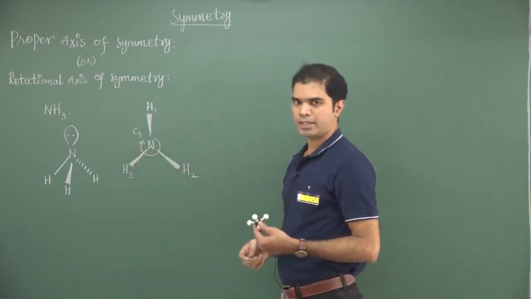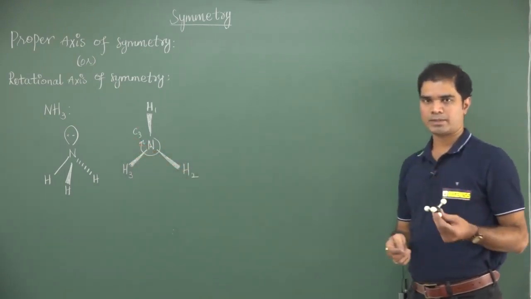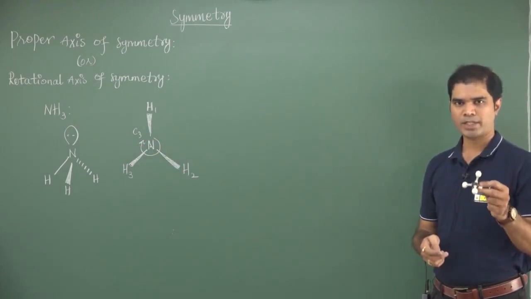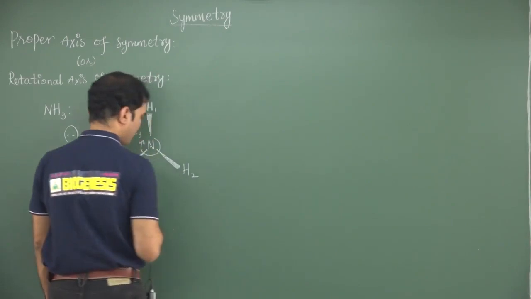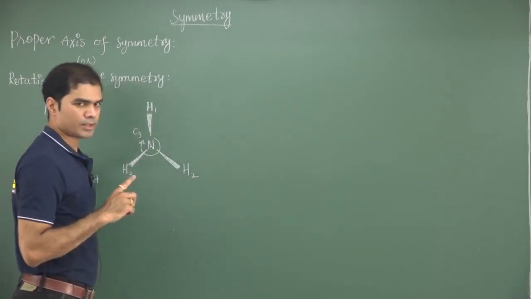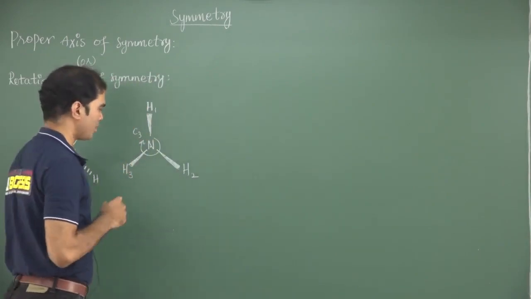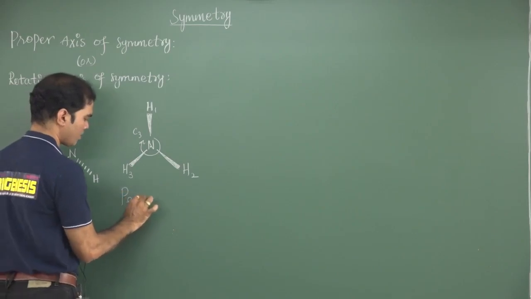C3 will generate C3-1, C3-2 and C3-3. So when I have rotated 3 times, I got an identical structure. What is the fold, or how many times I have to rotate to get an identical structure, or what is the periodicity?